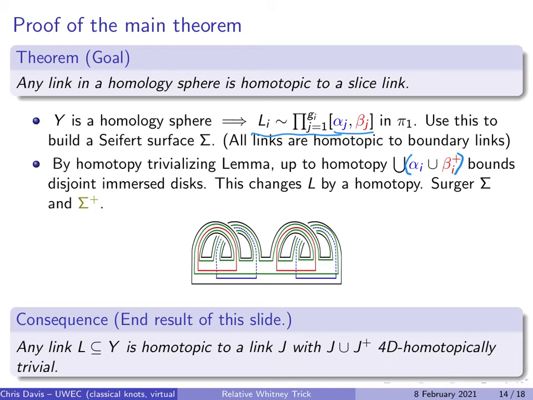So changing the alphas and betas will just change the choice of L you have by a homotopy. You need to be a little bit concerned with base points to figure that out, but I think that's a believable enough fact. And now I claim that this is everything you need to surger sigma and sigma plus to get the consequence, which is right now at the bottom of the slide.